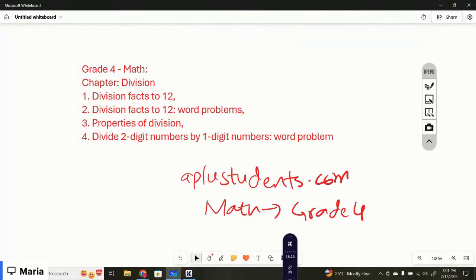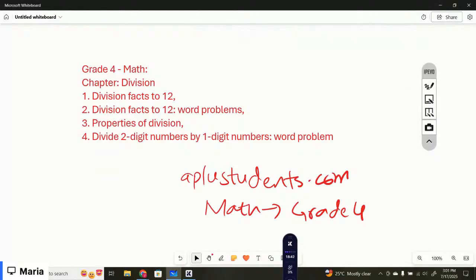We're going to start with grade 4 math. We're going to start with the chapter division.